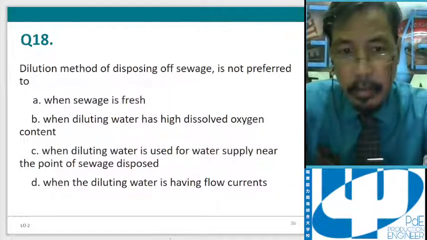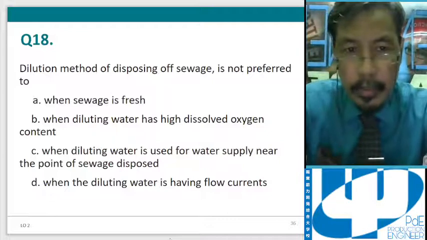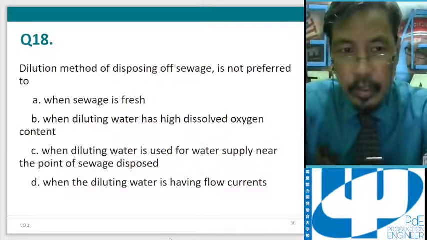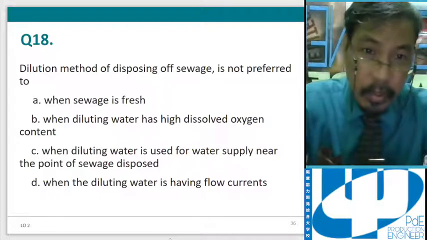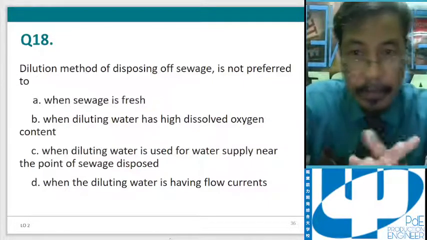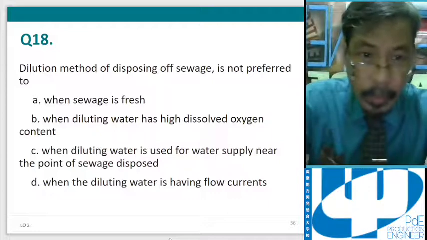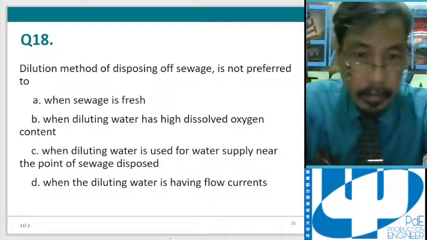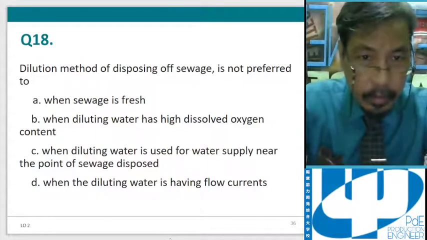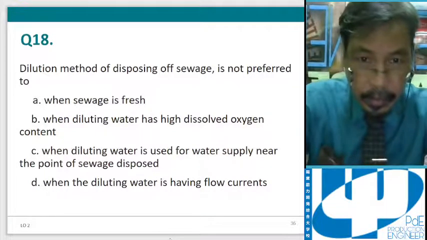Okay, so diluting water is used for water supply near the point of sewage. So this is not preferred. Water supply should be clean. So this should not be, I think, letter C.